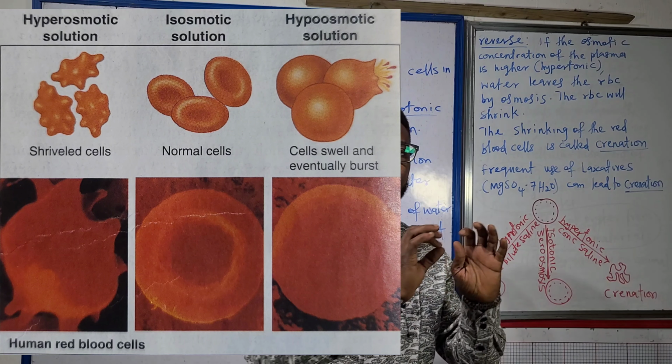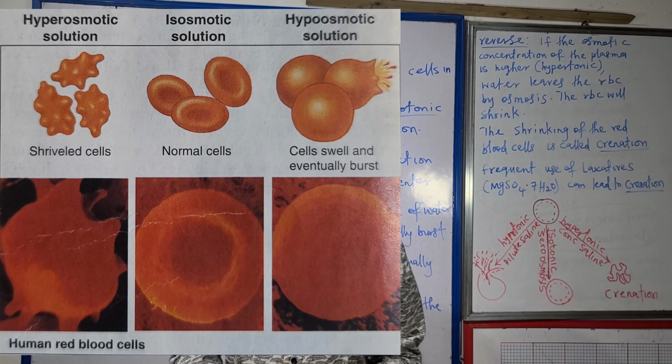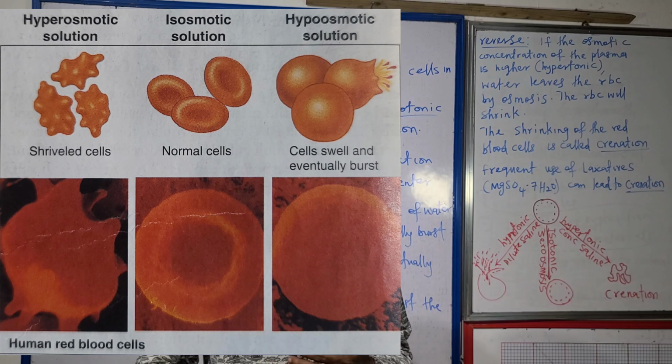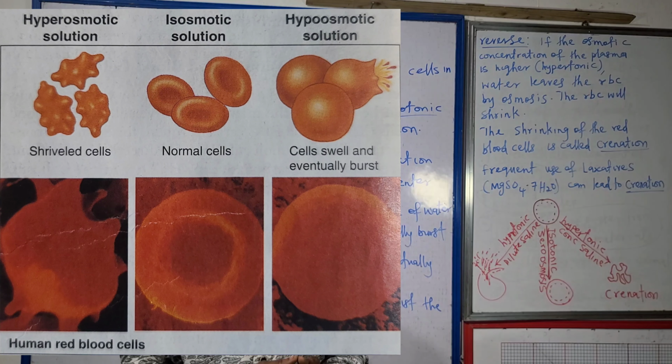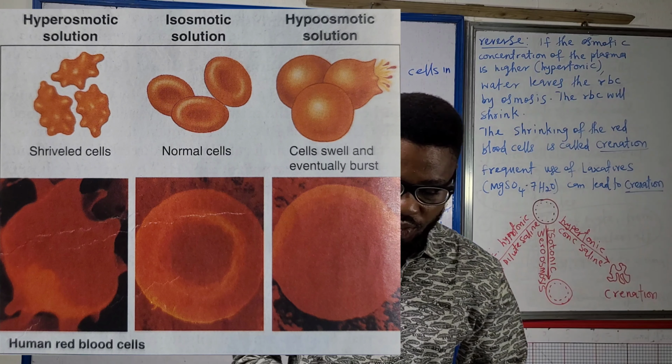So normally the red blood cells and the plasma are isotonic. That's they are at osmotic equilibrium. So in this case, the cell maintains its shape because the rate at which water leaves the red blood cell equals the rate at which water moves into the red blood cells at this stage. So we don't have a problem with that.